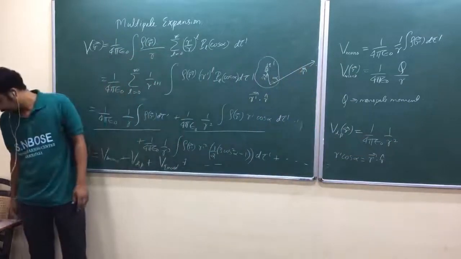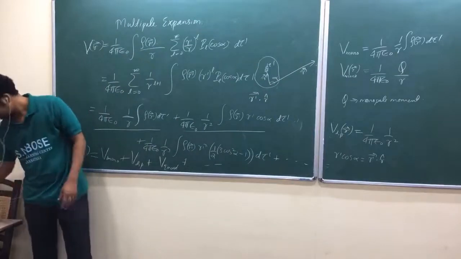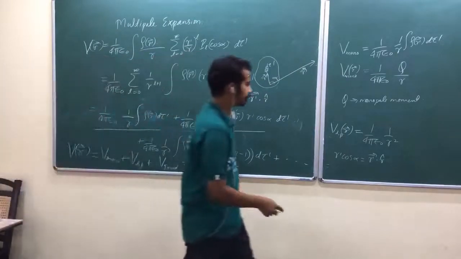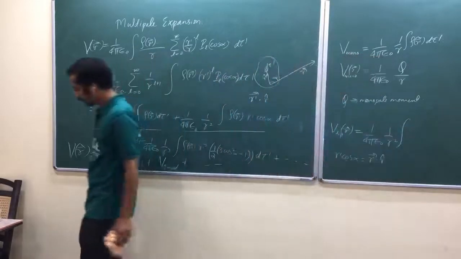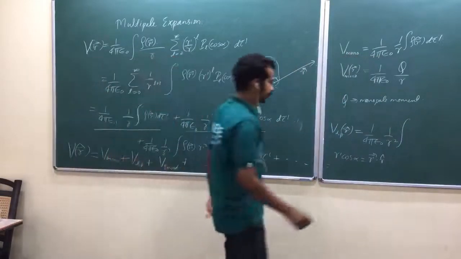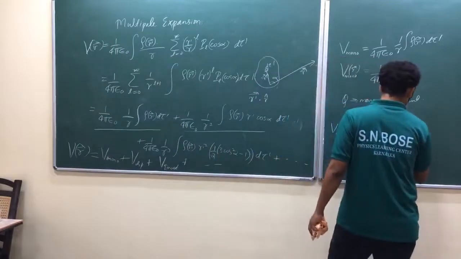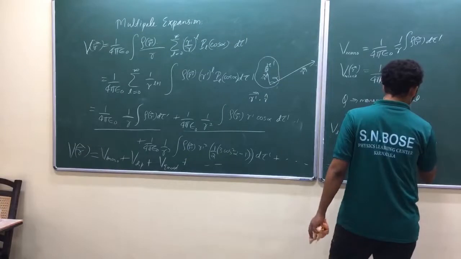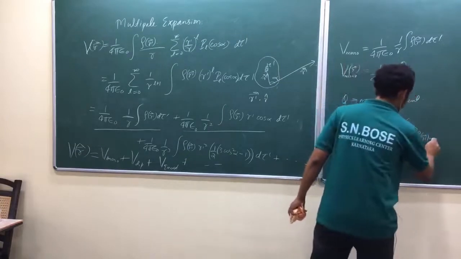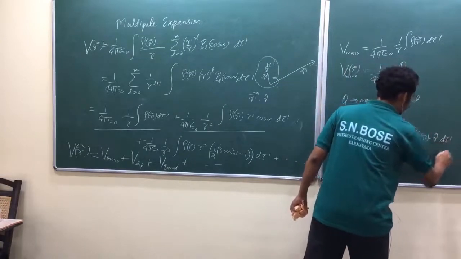So when I substitute this factor here, what would happen? Any idea? That integral of R prime vector into rho of R prime dot product with R cap d tau prime. Can you see this part?